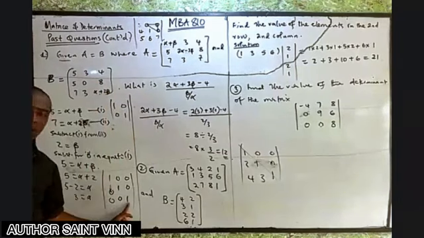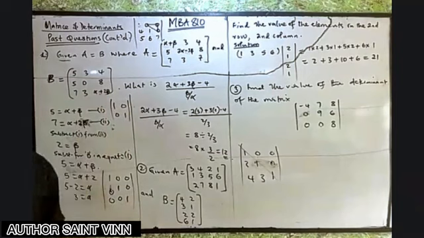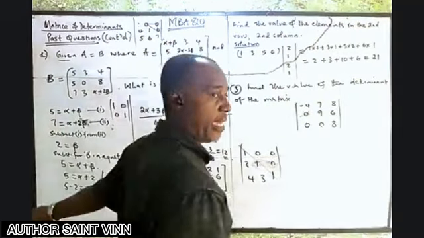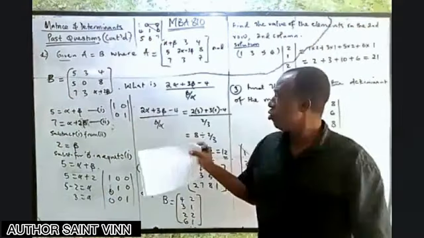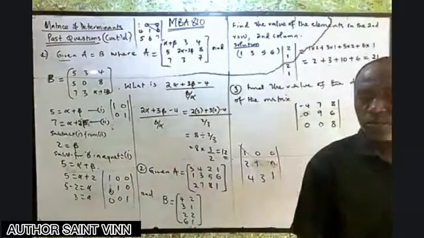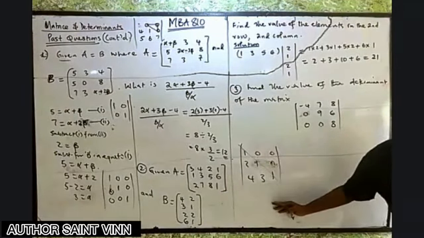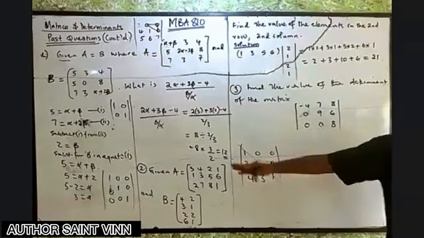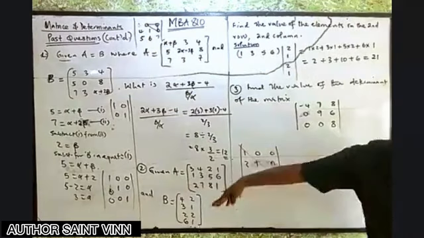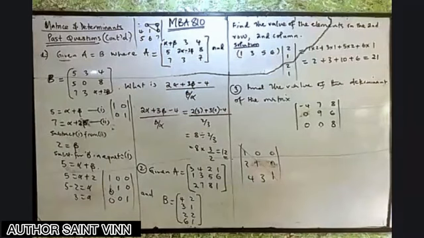This is also 1 and 0 elsewhere. If everything is 0, that is the zero matrix, but this is the identity matrix, either for 2 by 2 or 3 by 3. It's not the same. You can see that 0 is not everywhere: 0 is in all the places except the 1s in the major diagonal. Is that okay?